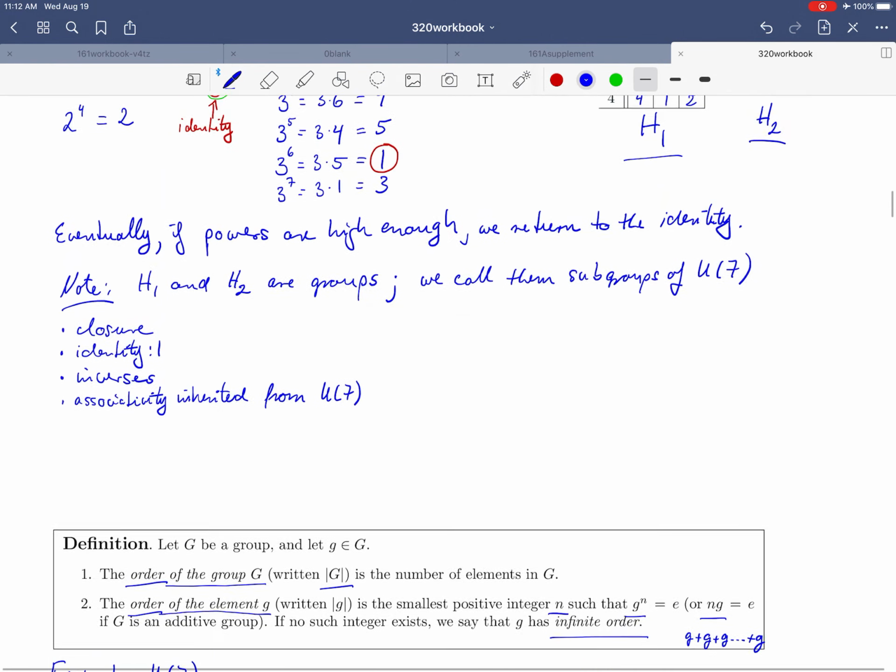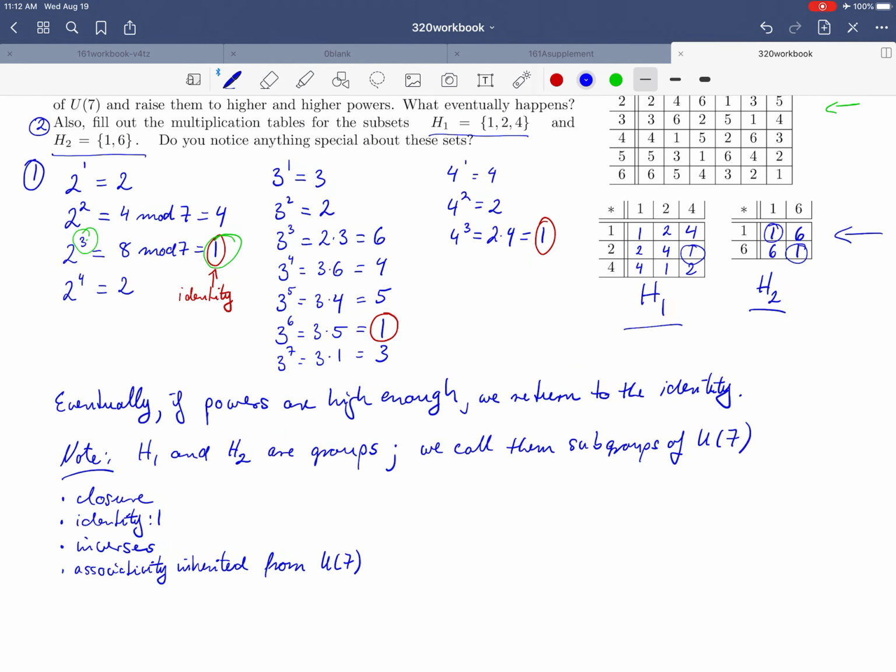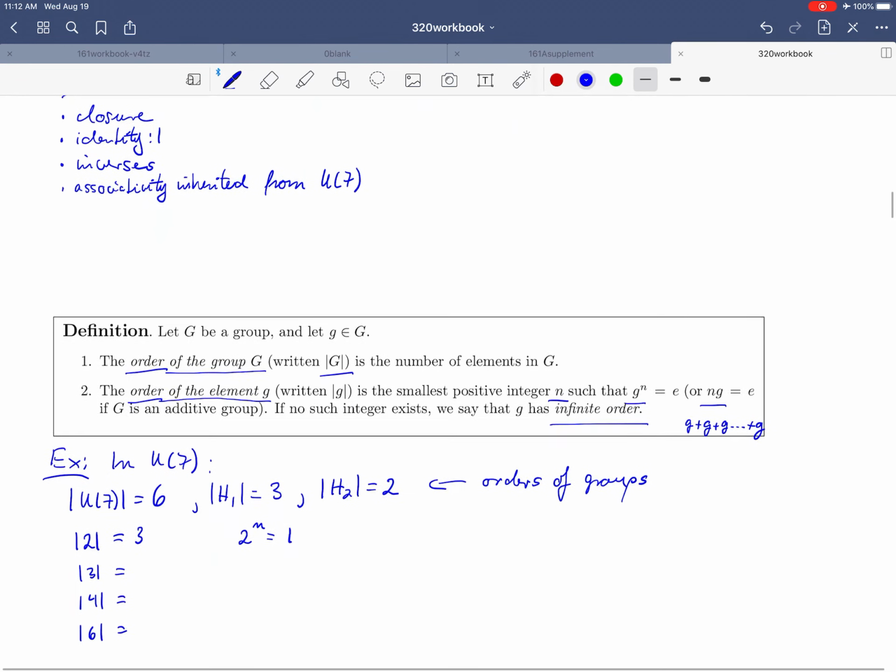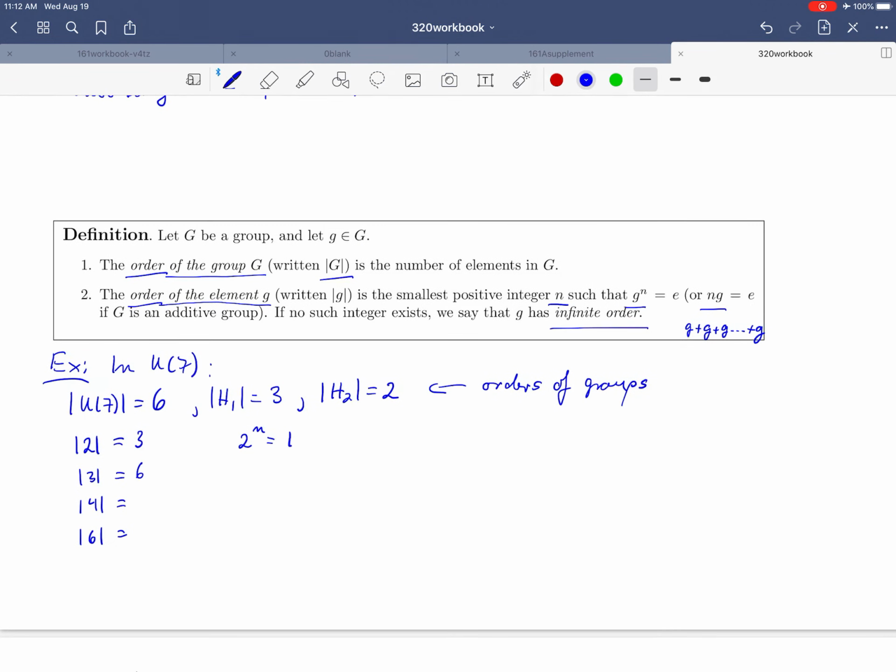And similarly, the order of 3, I'm doing a lot of scrolling here, but the order of 3, how long did it take to get 1 back? Well, we had to take 3 to the 6th power to get the identity. So this was 6. And then similarly, the order of 4 in this group is 3, and the order of 6 is 2.